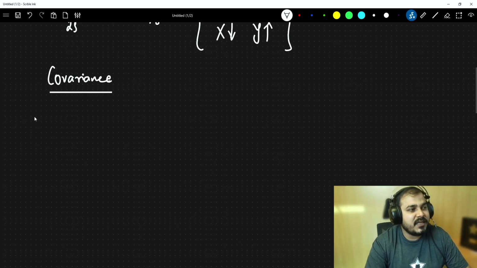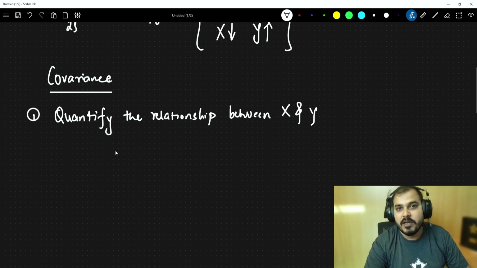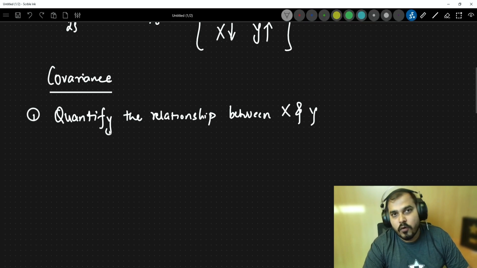Here I am basically saying a very important point: I want to quantify the relationship between x and y. So between the features I really want to quantify or provide some kind of relationship. That is the reason why I will specifically use this covariance concept.